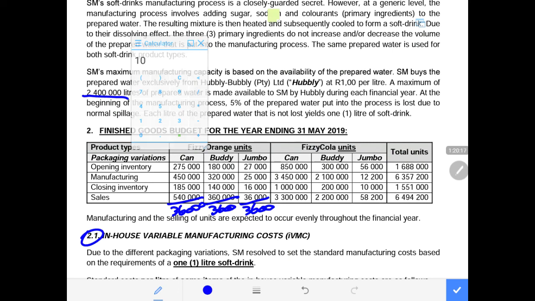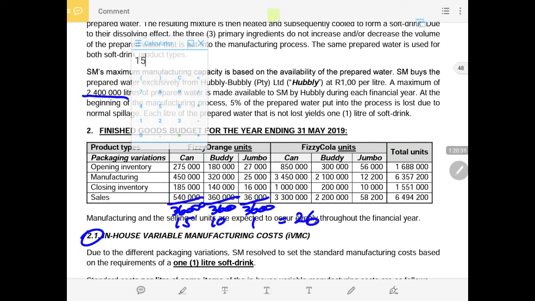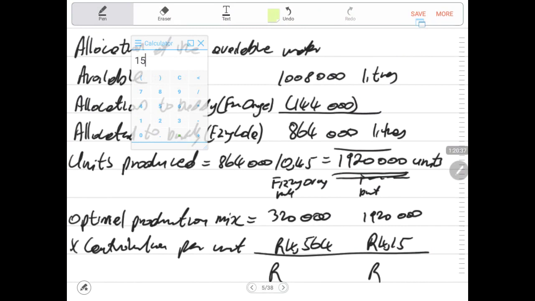That will give us 10, meaning here we have 10, here we have 1. 36,000 divided by 36,000 will give you 1. 540,000 divided by 36,000, we get 15. That means our sales mix is 15:10:1. Total is 26.